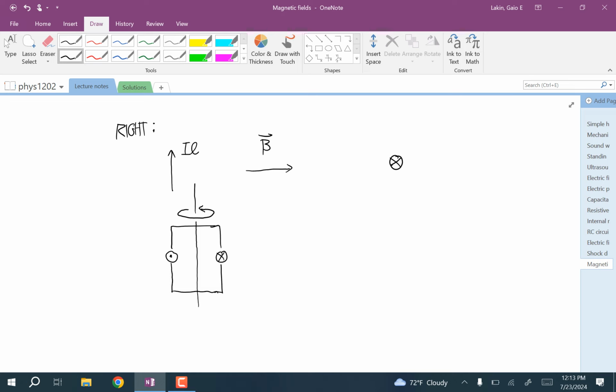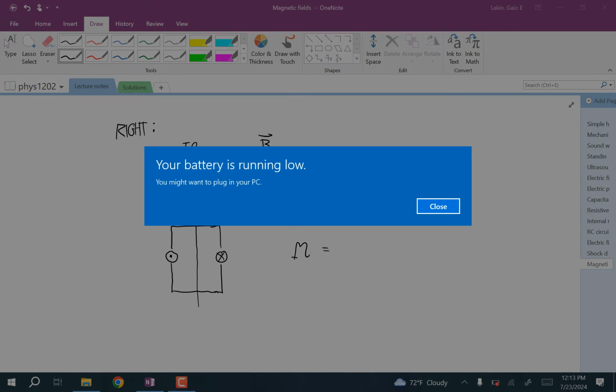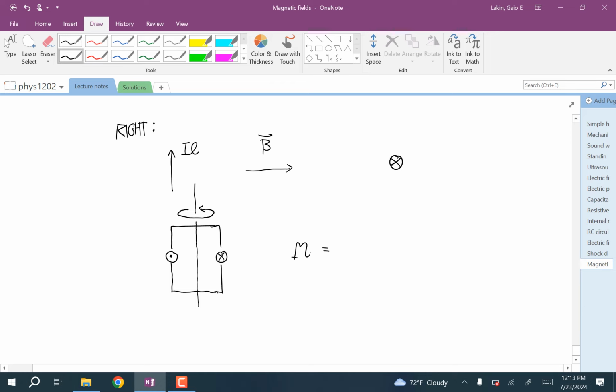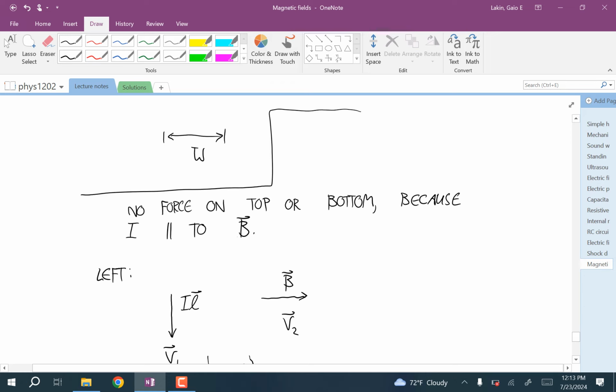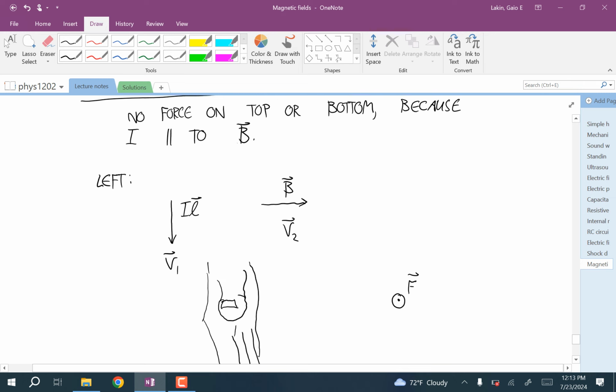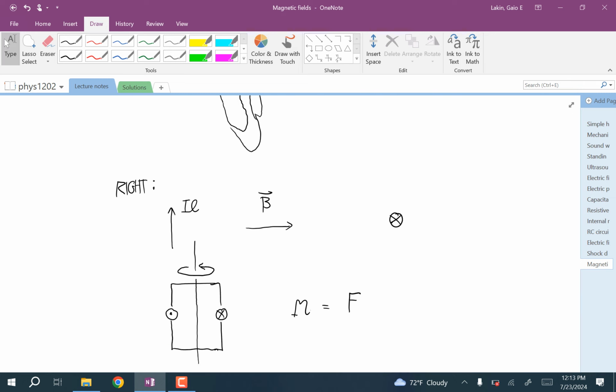And the amount that it's going to rotate that way is the moment that's equal to the force times the width of that. Okay.